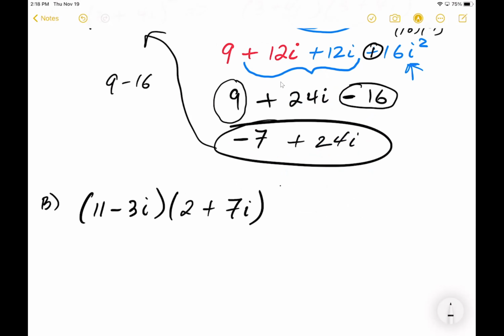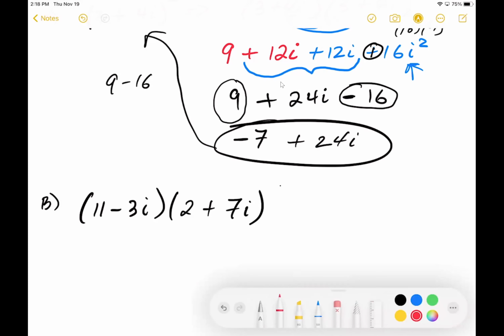And again, after this, hopefully you guys see that even though the number is different, we are able to use what we've been doing, which is using the distributive property.